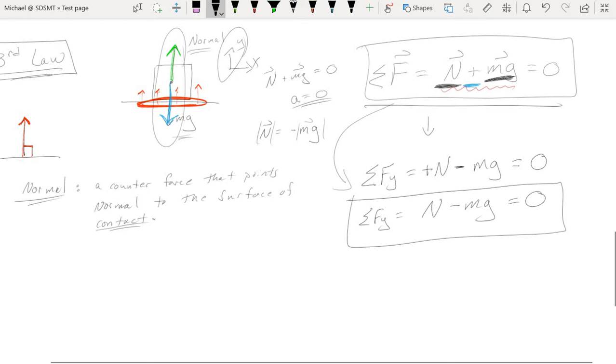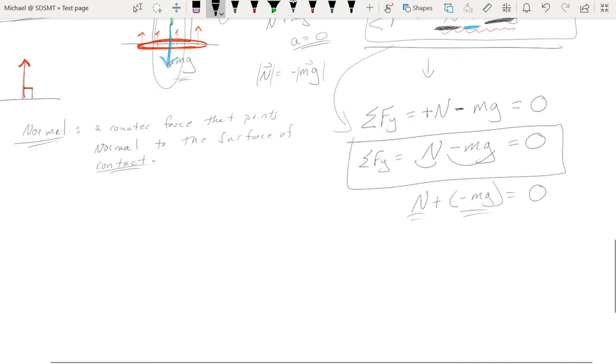And this tells us right away, if I combine the normal force with the gravity force, which just happens to be in the negative direction, really what we're doing is we're adding those same two vectors. It's just one of them was pointing in the negative direction. And we're getting 0.